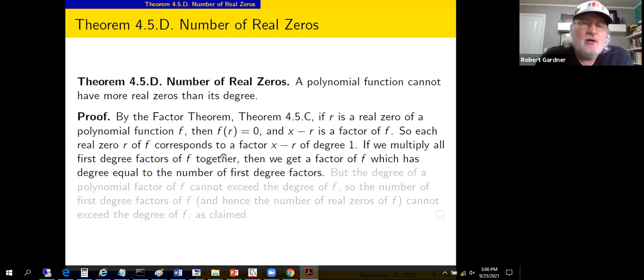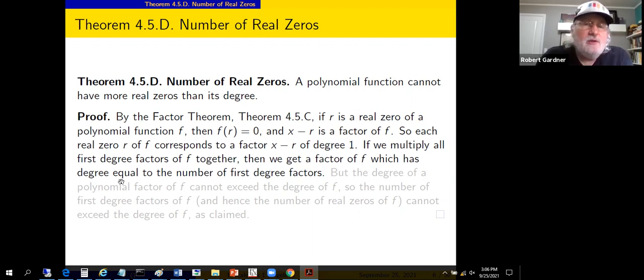Now, each real zero corresponds to one of these factors, and these factors are degree 1, x to the first power minus 1. They're little first degree polynomials. So if for every zero you find one of these linear factors and you multiply all of those together, that gives a polynomial that is a factor of f. A product of factors is a factor.